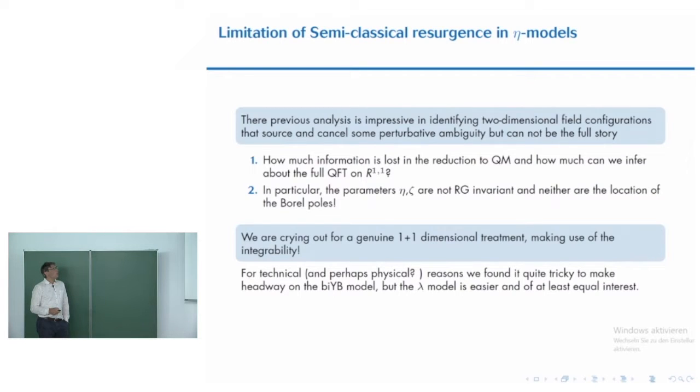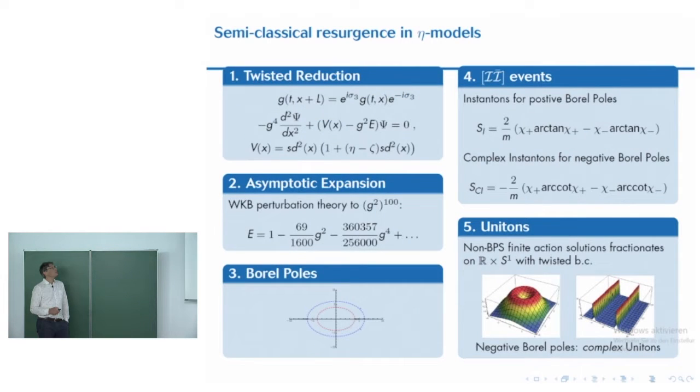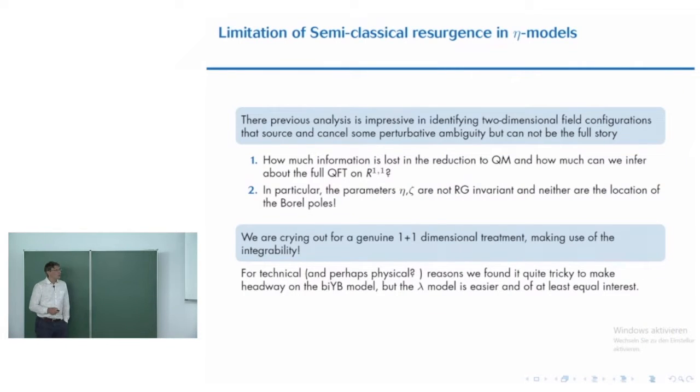So what I want to do is explore exactly this theory, but in 1+1 dimensions, no reduction. We tried this for quite some time and we gave up, either for technical reasons or for physical reasons, I'm not sure. But we can make headway on a different model, which is easier and at least as important, possibly more important, and that's the lambda theory.